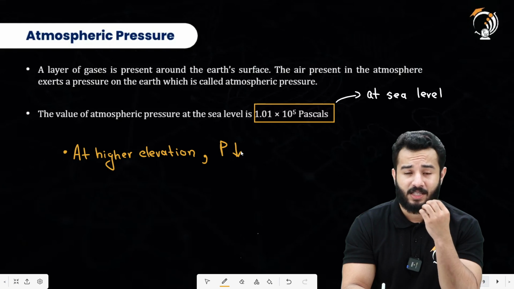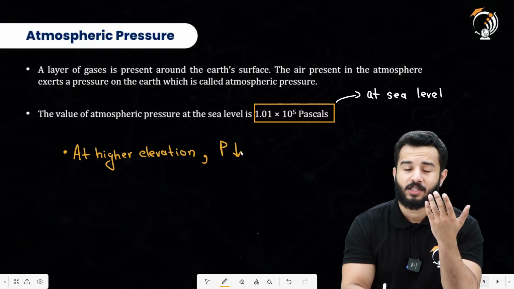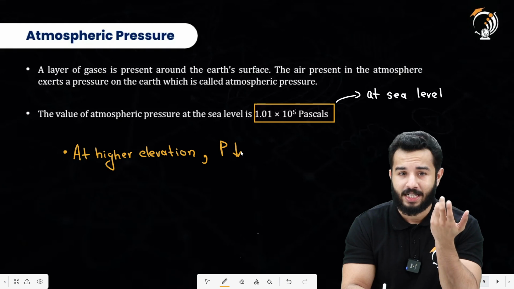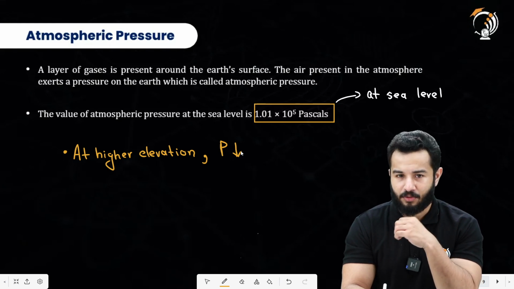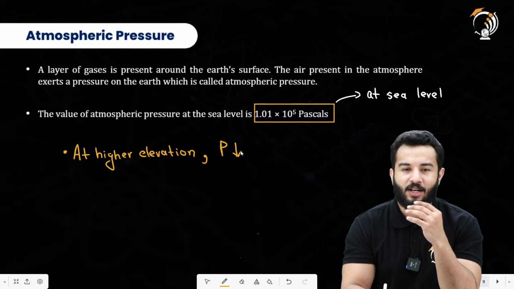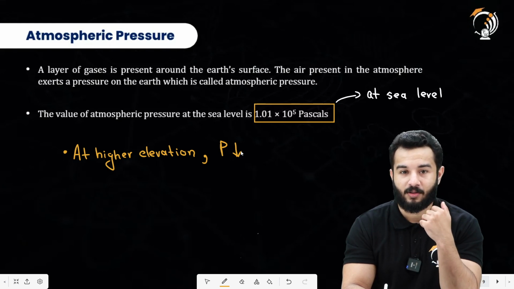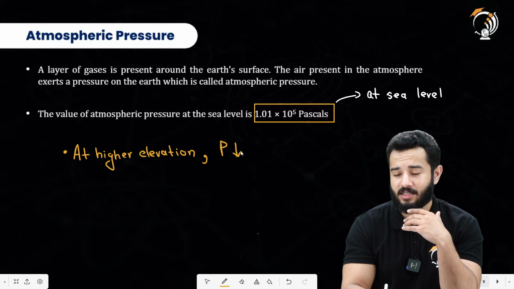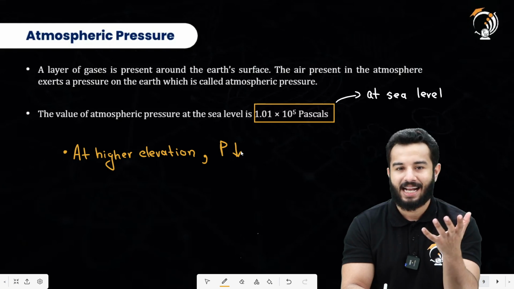Next, there are various different things. The boiling point changes for a liquid. Sometimes people suffer from nose bleeding. The problem is that our body is also maintaining a pressure that we call blood pressure, right? So our body is constantly maintaining a pressure so that there is no pressure difference between our body and the atmosphere.